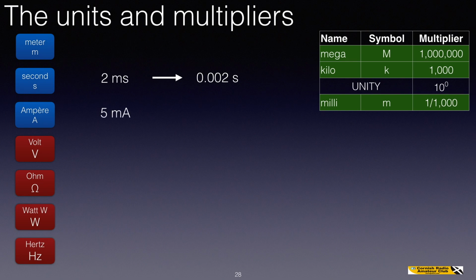Similarly, 5 milliamps would be 0.005 amps. Note the milliamp there, the small m for the milli, and the large A for the amp.